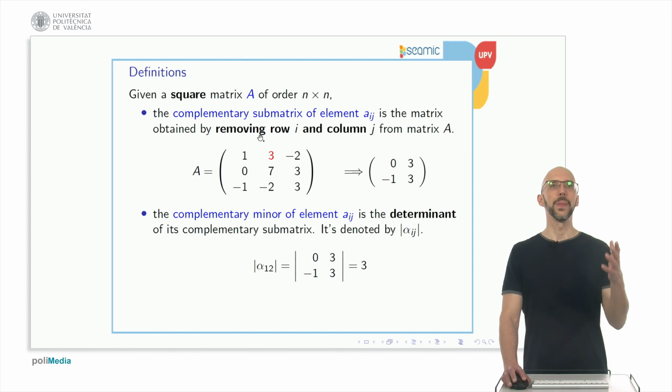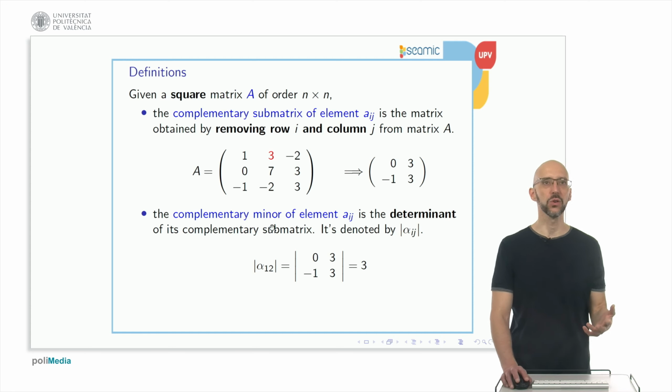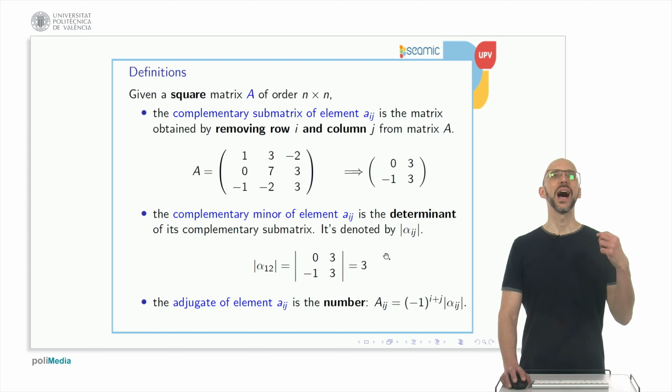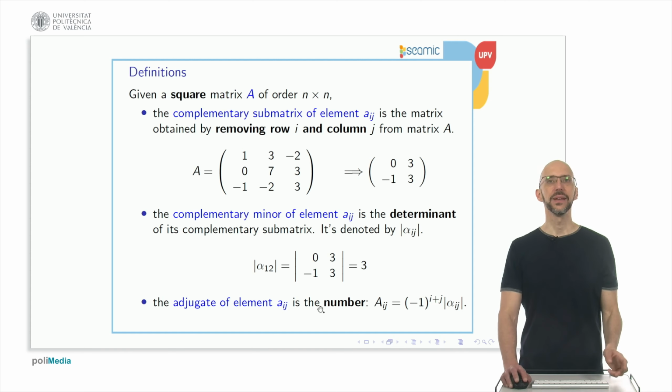Okay, so we have the complementary submatrix that is obtained when we eliminate the rows and the columns, and the determinant that is called the complementary minor. Okay, the adjugate of the element is the number you obtain with the determinant, but multiplied by negative 1 to the power of the position of the element. In this case, what is the position of 3?